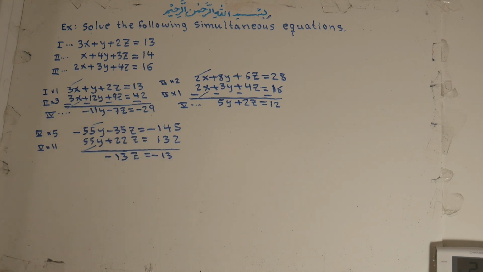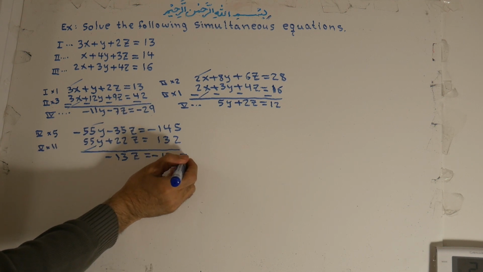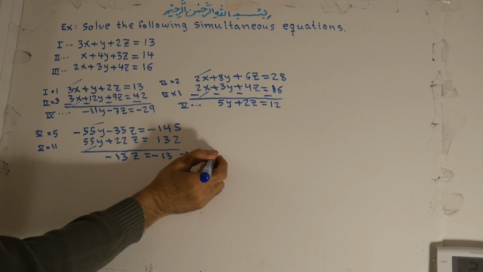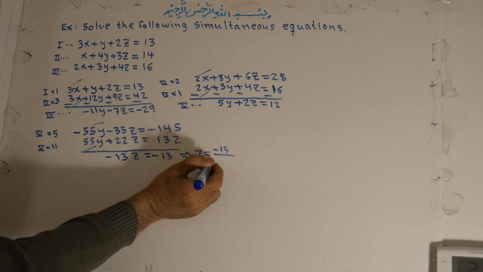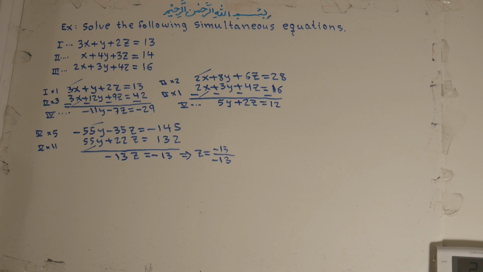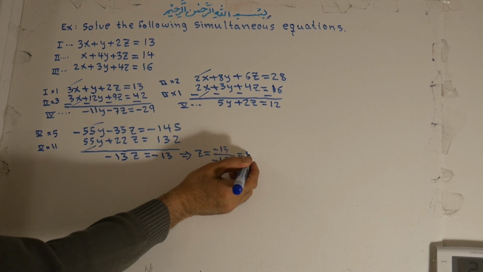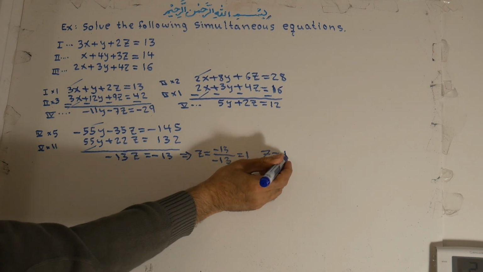We can divide both sides by negative 13. From here z is equal to negative 13 over negative 13. Negative divided by negative is positive. 13 divided by 13 is equal to 1. And z is equal to 1.